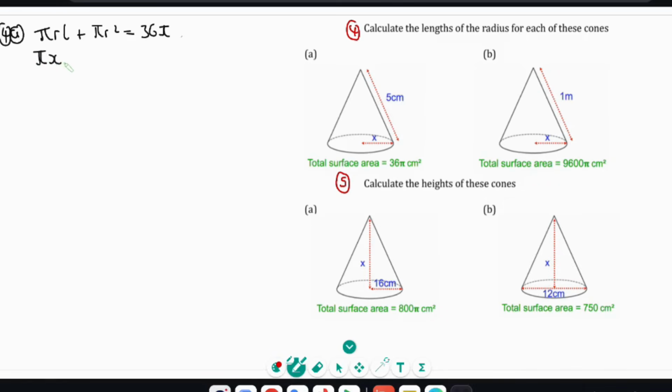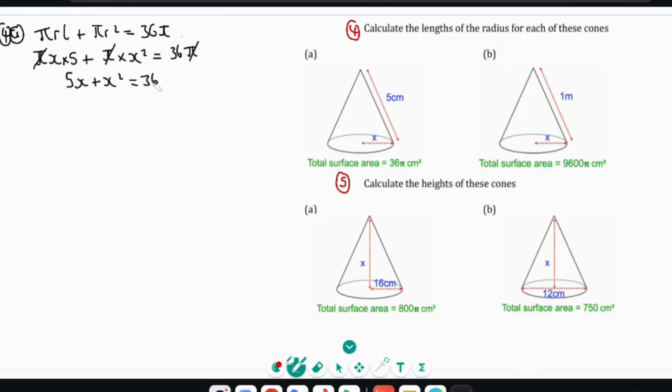So pi x times 5 plus pi times x squared is equal to 36 pi. We just divide through by pi, and then we've got 5x plus x squared is equal to 36.